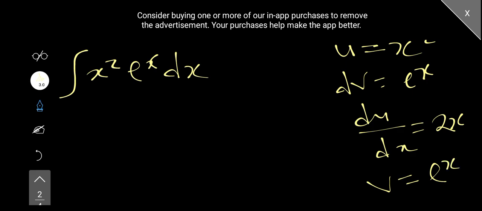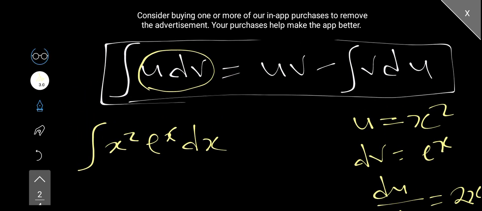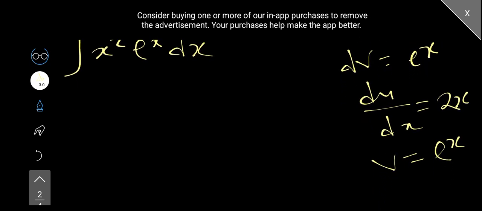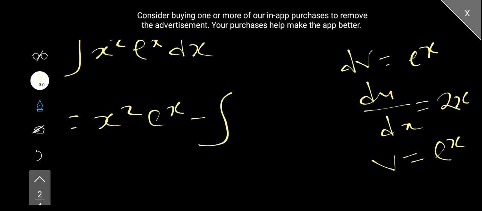Using this information, we are going to fuse into the formula above, where we should put what belongs to u, dv, v, and du. So let's begin. Here the solution will be u, which is x squared, times v, which is e to the power x, then minus the integral of v du.